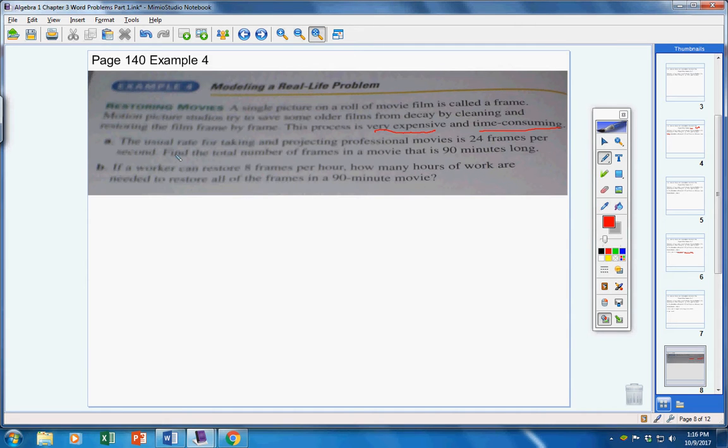Now, the usual rate for taking and projecting professional movies is 24 frames per second. So, when you're watching an old projector movie in 1 second, 24 frames have flashed in front of your eyes. Okay? Find the total number of frames in a movie that is 90 minutes long.